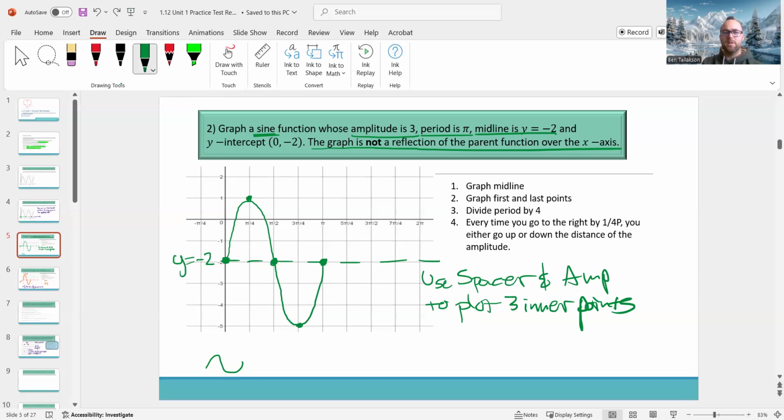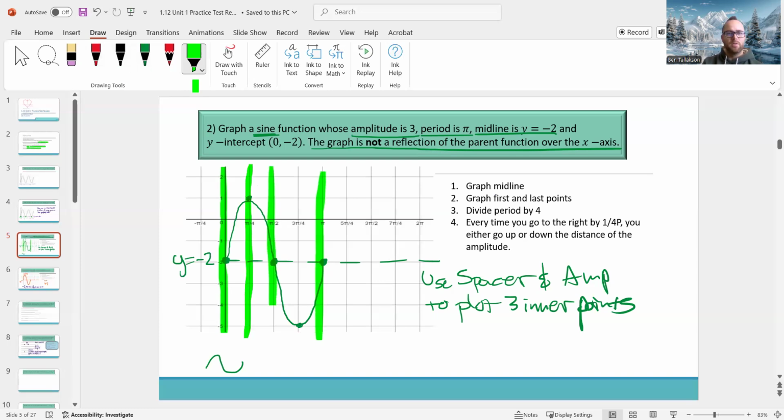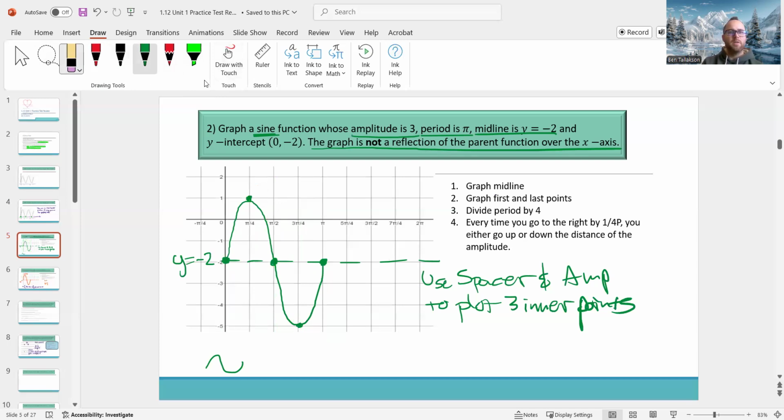So to find your spacer, ultimately what you're doing is taking your period, which is from here to here, and dividing it into fours. 1, 2, 3, and 4. So for that reason, we divide the period by 4 to find our spacer. We call it S for spacer. That's period divided by 4.